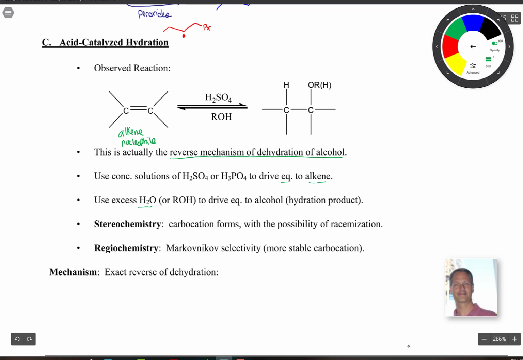So here we want to use excess water or alcohol to drive the equilibrium to the alcohol. It's the hydration product that we're going to see here. So we don't see little brackets around this. We see dilute H2SO4. Right, and just again as a reminder, this is the reverse reaction of dehydration.